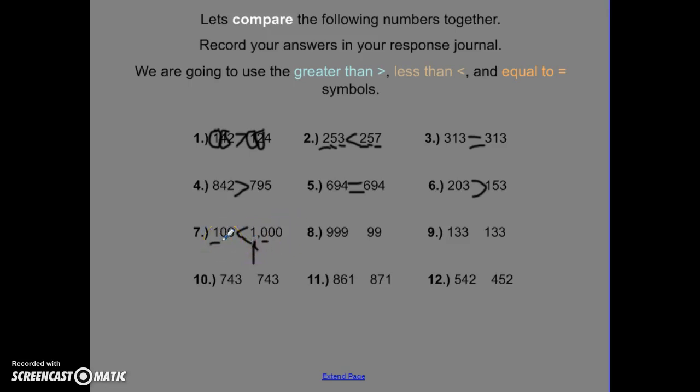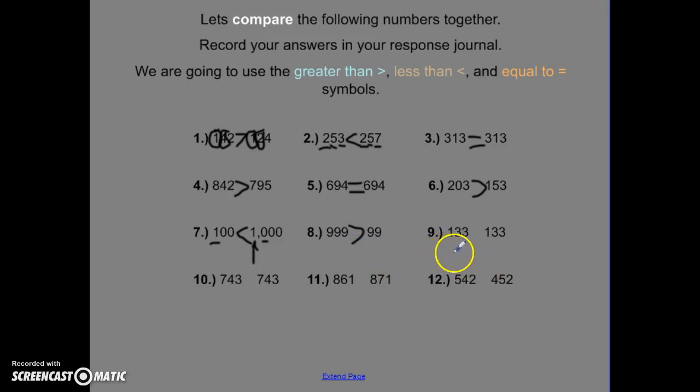Or I could say that 100 is less than 1000. Let's move on to number 8. 999 and 99. I see that this number, 999, has a 9 in the hundreds place, but this number, 99, does not have any number in the hundreds place because it is composed of 9 tens and 9 ones. That tells me that 999 is greater than 99.